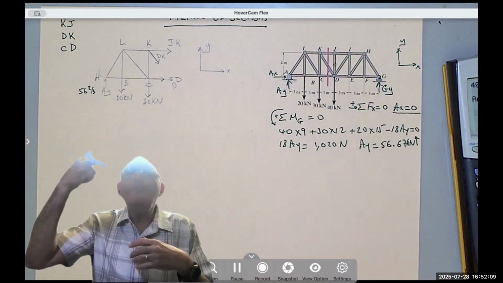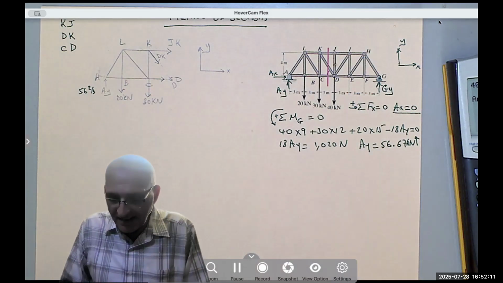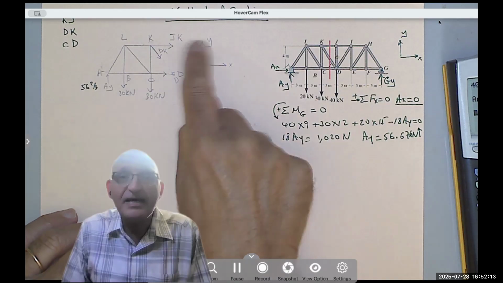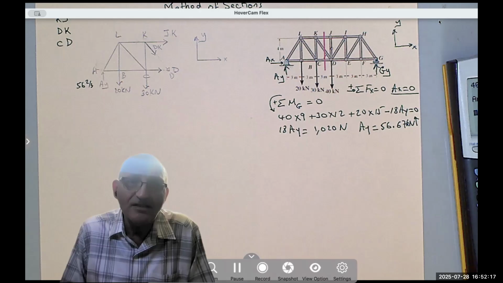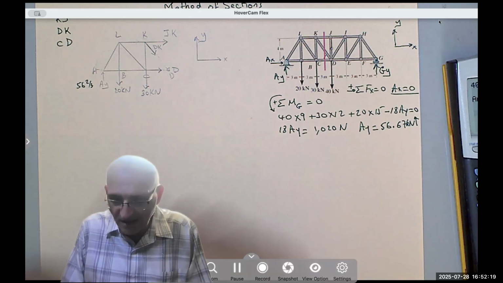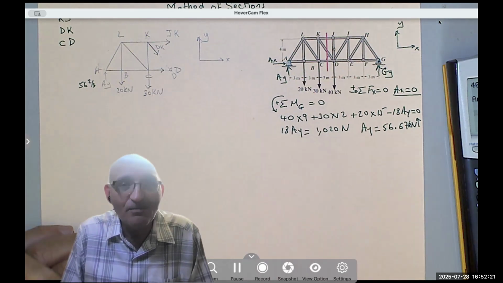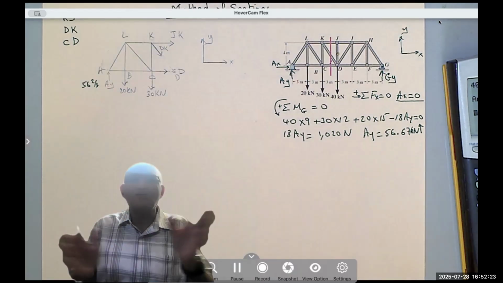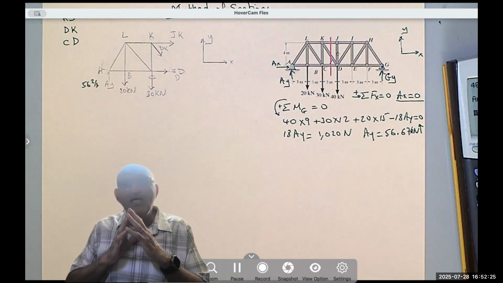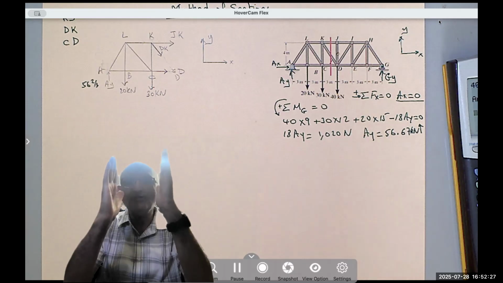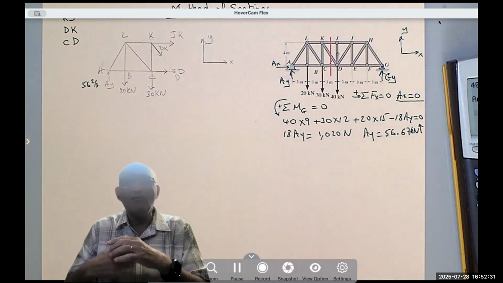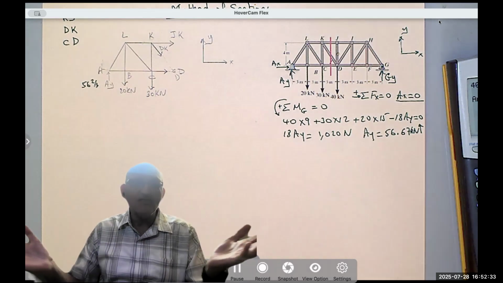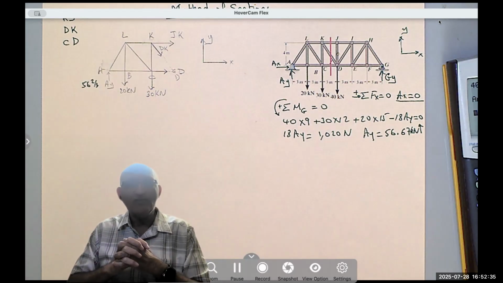If you have two parallel forces, like in our case, I have two forces parallel to the X, then definitely use summation of the forces in the Y direction. Why? Because these two don't have a Y component. You can solve for DK right away. If I had two vertical forces and the third one is inclined, I take the sum of the forces in the X because, again, I can solve.